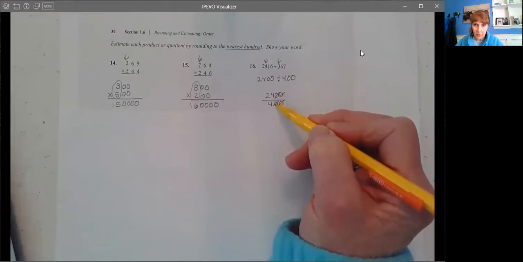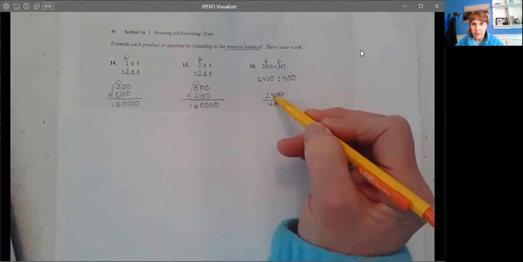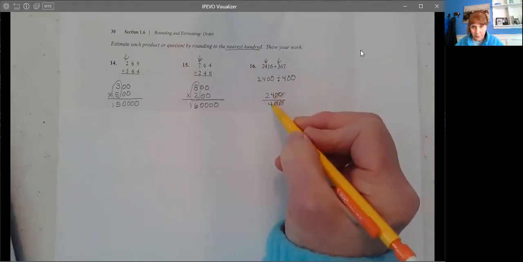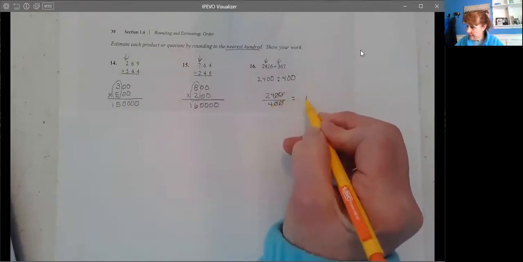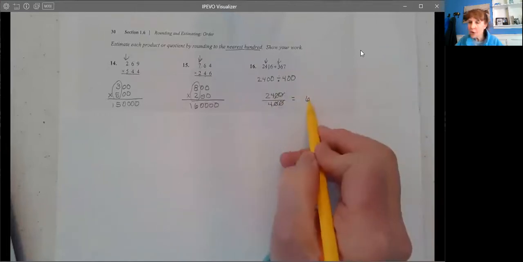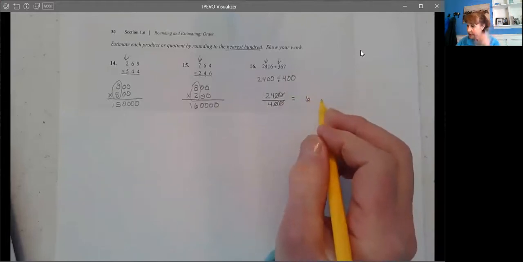Again, just a little shortcut. Then you just have to take 24 divided by 4, and 24 divided by 4 is 6. And there's your answer. So the quotient is 6. There was no remainder in this case.